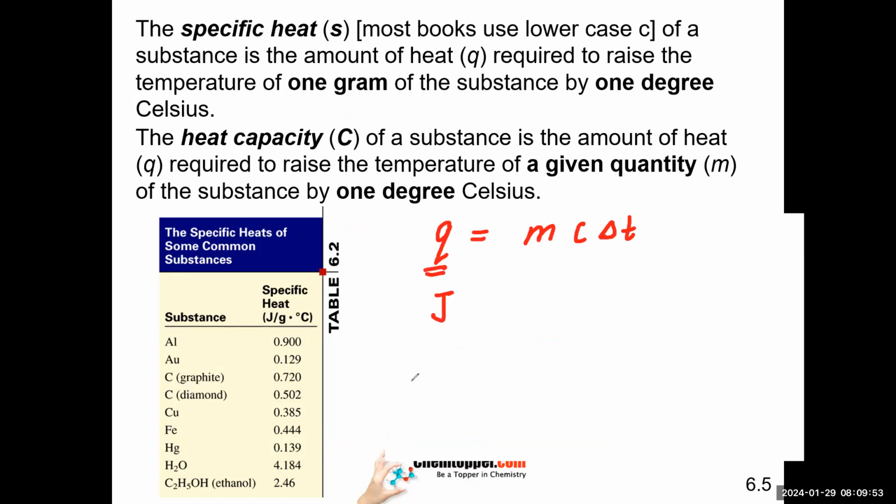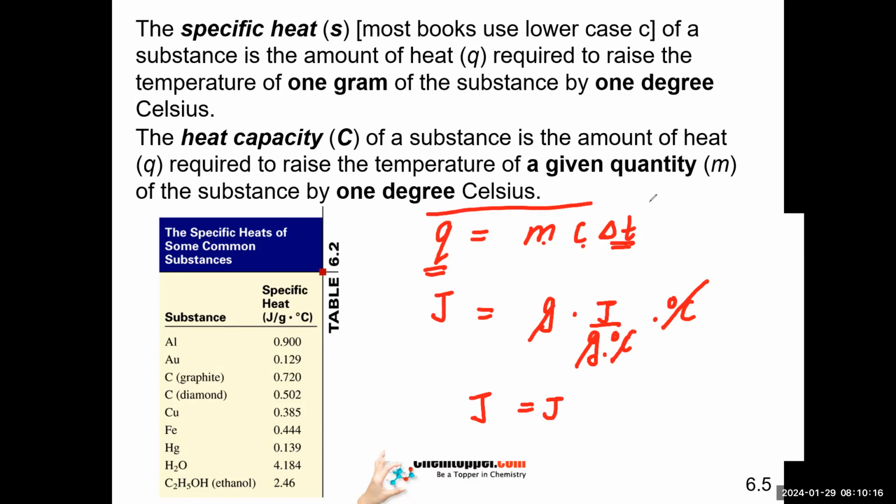Joules. What is the unit of mass? I'm taking gram. What's the unit of C? Joules per gram per degree Celsius. What's the unit of delta T? Degree Celsius. Degree Celsius, gram, gram cancelled. Joules equals Joules. So this equation is perfect.